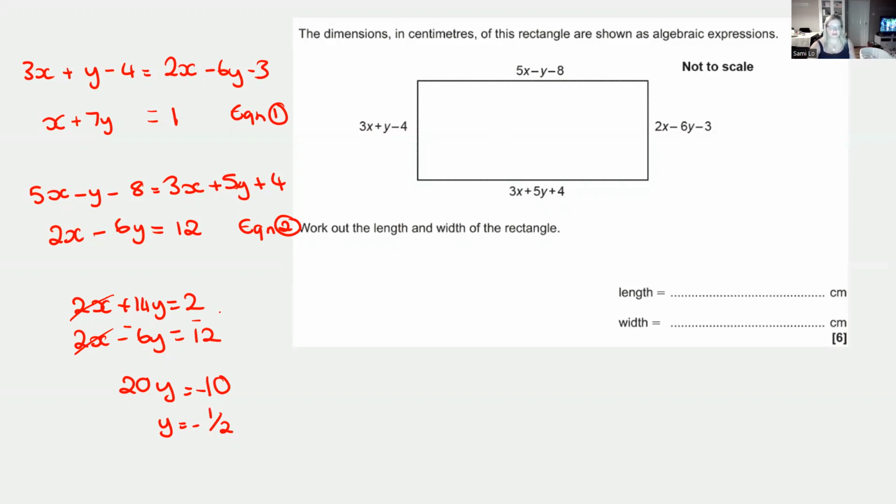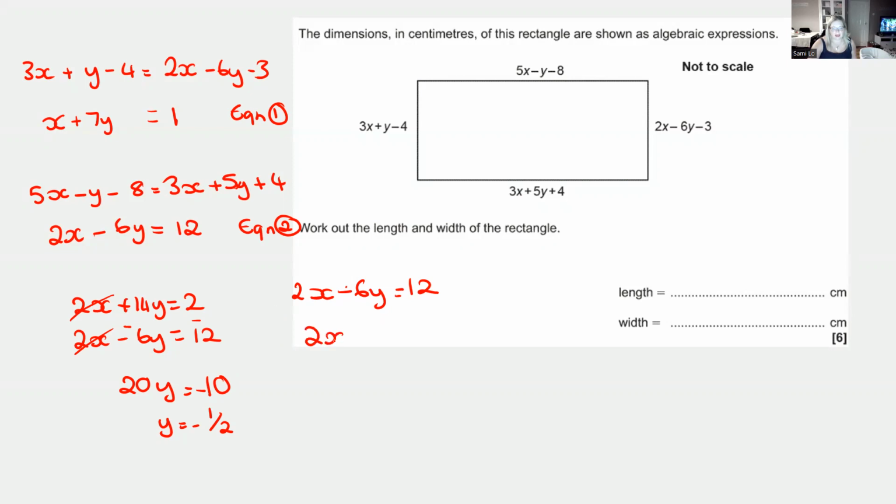Okay, so that's the first bit done. We now need to work out x. So we're going to sub it in. Which one's the best one to do for this one? Probably still that first one. No, I'm going to go for the second one just because I've got minus 6 and I know if I'm working with a half, it's a lot nicer to work with basically even numbers.